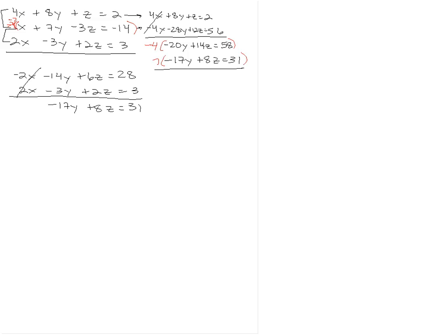All right, negative 4 times 20 is 80y. Negative 4 times 14 is negative 56z, and negative 4 times 58 is negative 232. Positive 7 times negative 17 is negative 119y. 7 times 8 is 56z.